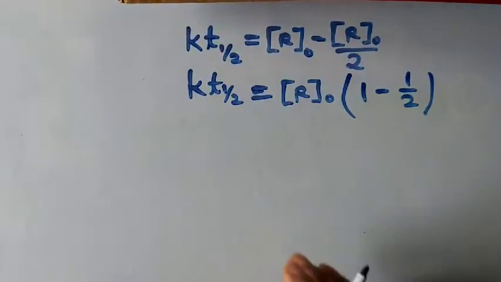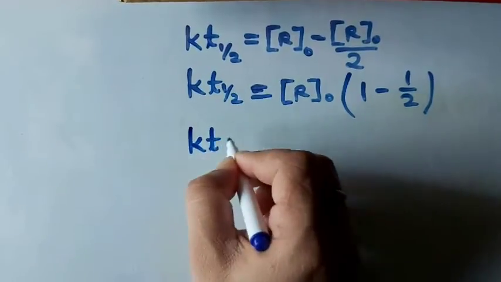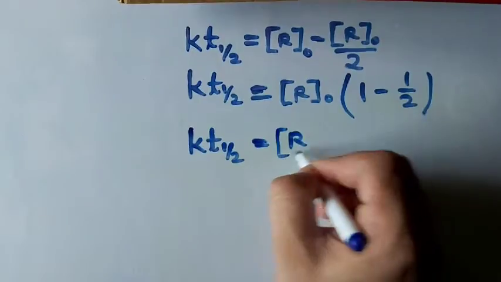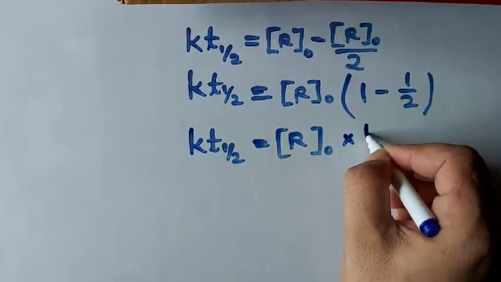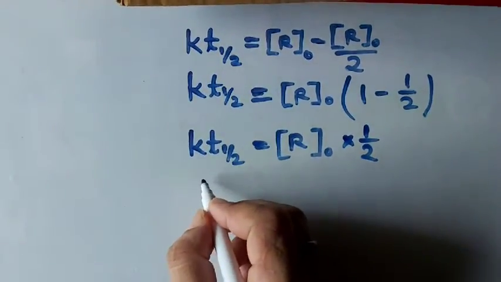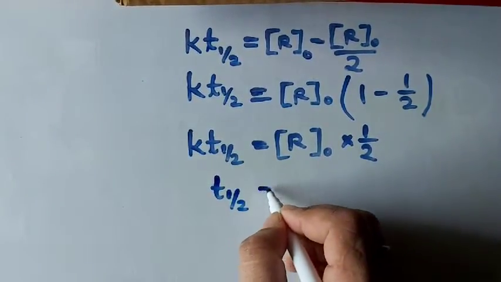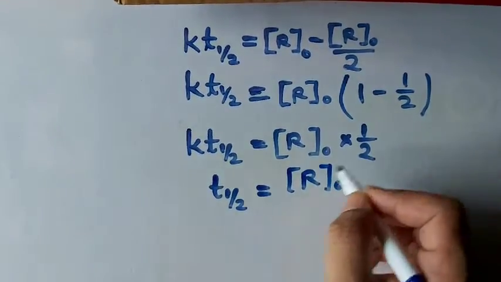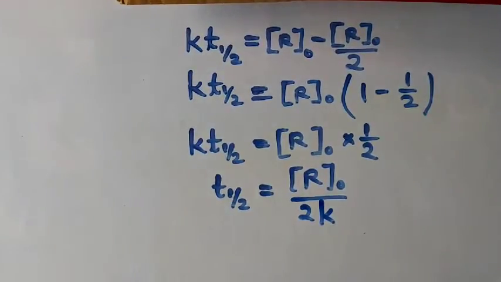So this will become 1 by 2, and we have T half, half time period, equal to half of initial concentration. This will be placed here, and then we have 2k.